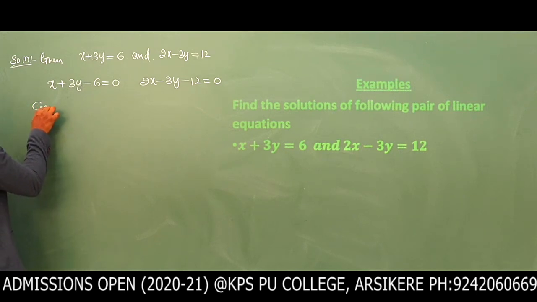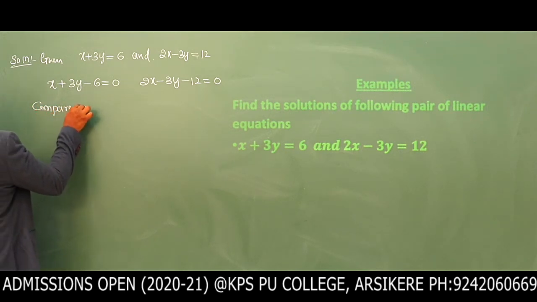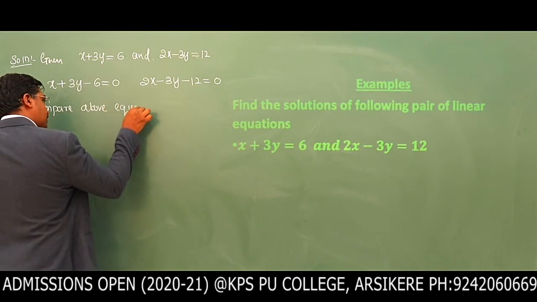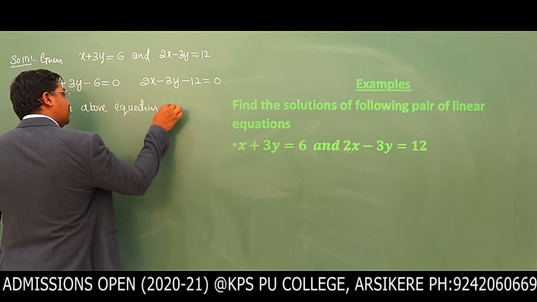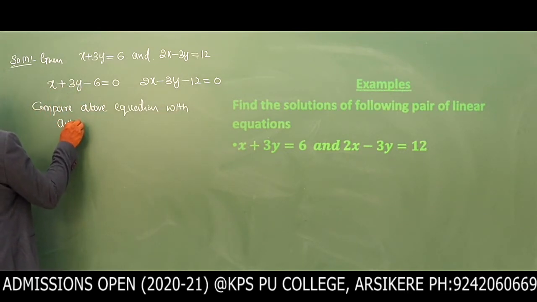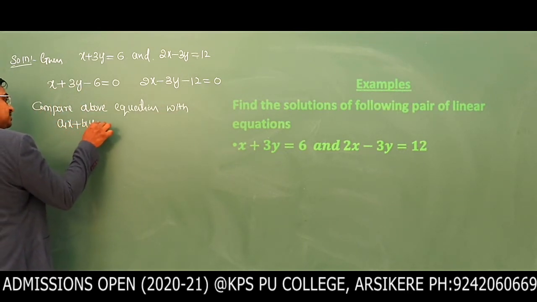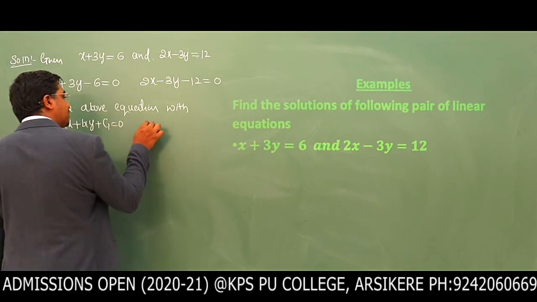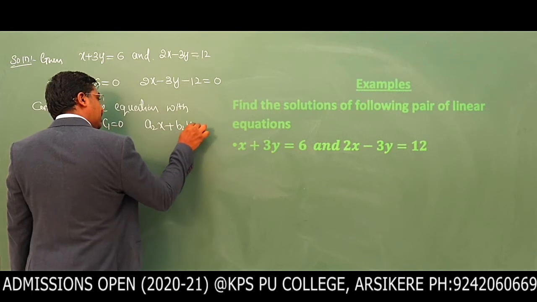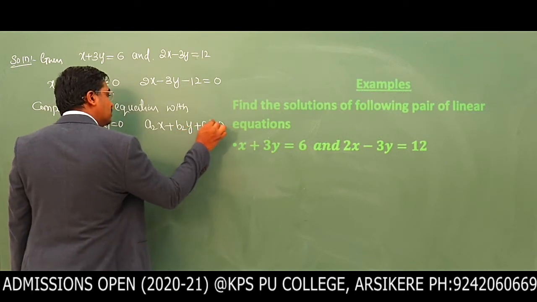Now compare the above equations with the general form. The first one is a1x plus b1y plus c1 is equal to 0, and the other equation a2x plus b2y plus c2 is equal to 0.